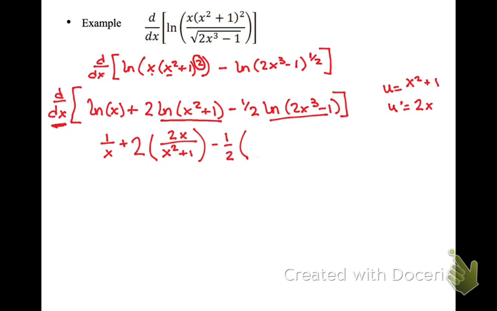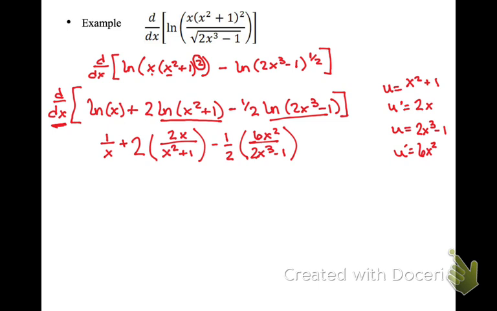And then our next u is 2x cubed minus 1, and u prime is 6x squared. So then we have 6x squared over 2x cubed minus 1.